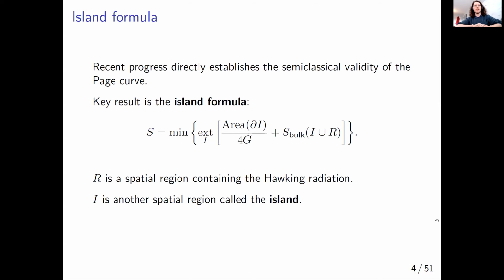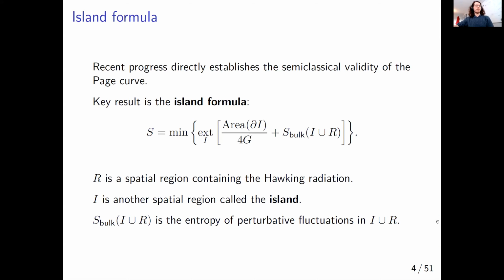And the functional in question is given by an area term for the boundary of the island, plus the so-called bulk entropy of the combined region I union R. And roughly speaking, the bulk entropy is just the entropy of perturbative fluctuations on top of a fixed background geometry.